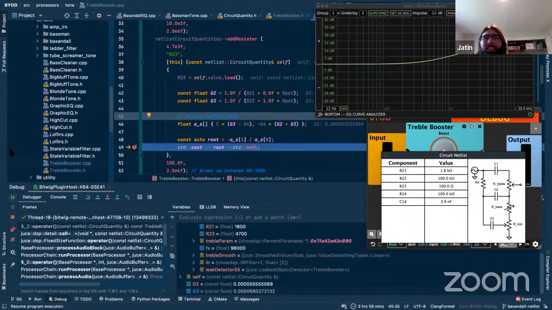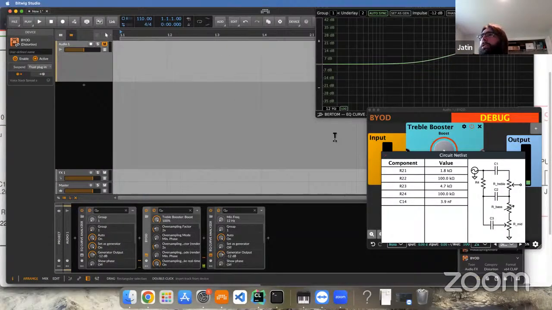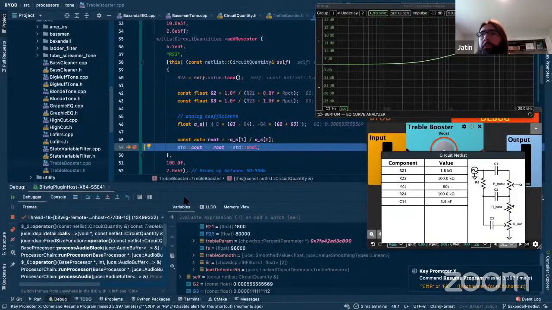All right, so now let's try 80K, which apparently last time we tried it, that was stable. Here we go. So now our root is more or less the same, huh?